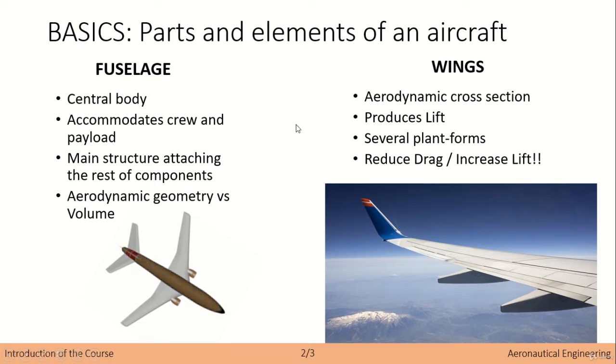If you have a ship, a boat, and you need to produce some lift, this will be different than in the case of an aircraft, because instead of air, you would have water. That means that depending on the kind of flow, the kind of material in the surroundings, the geometry may be completely different. This is to optimize the lift.